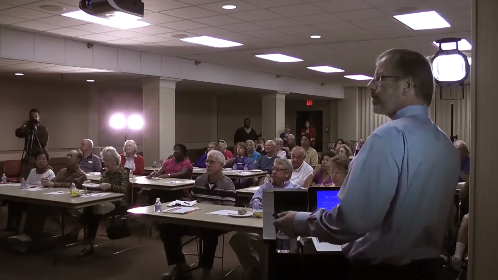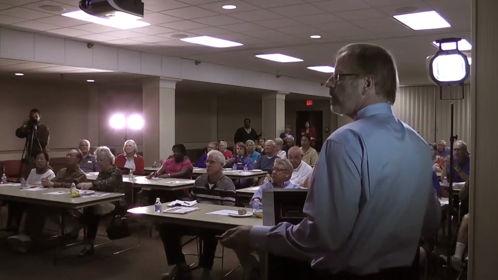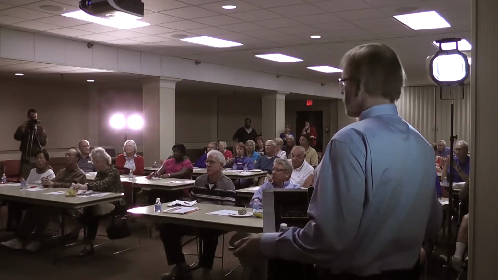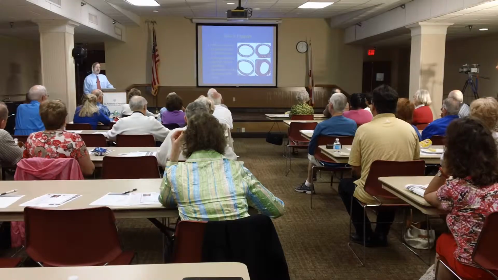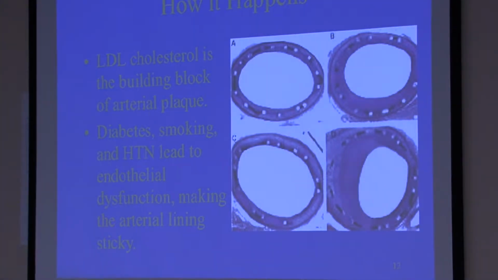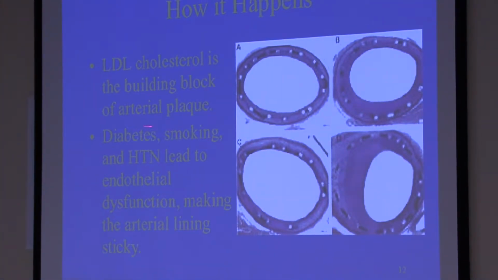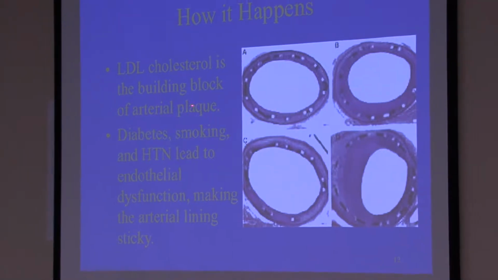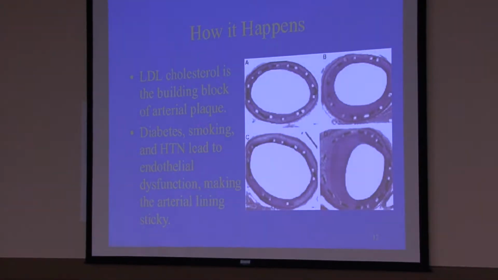It's the gradual deterioration of the function of the inner lining of the arteries, which is what leads to cholesterol plaques. Here's how it happens. This is a cross-section of a normal coronary artery. The building block of plaque inside our coronaries is LDL cholesterol. So LDL cholesterol is the building block of arterial plaque.